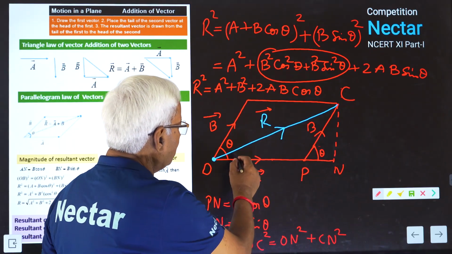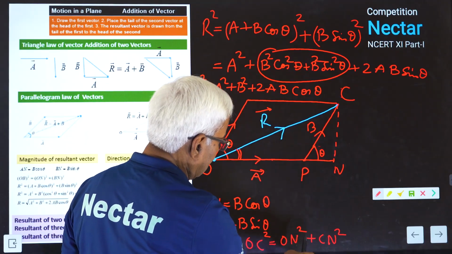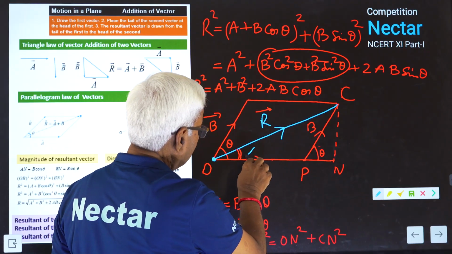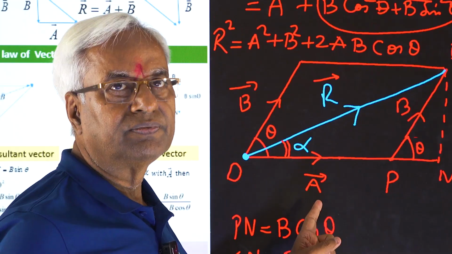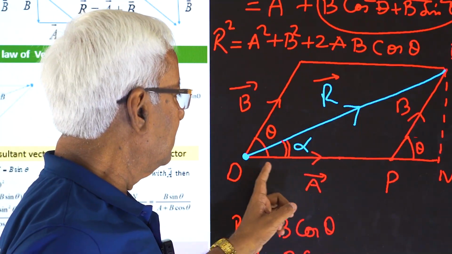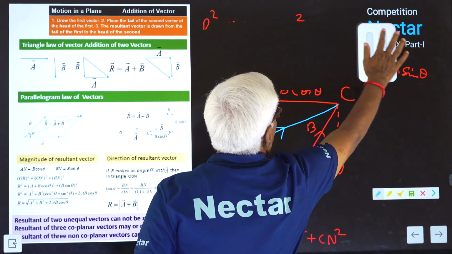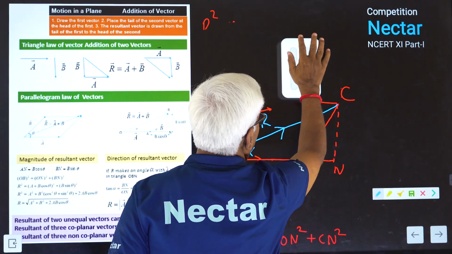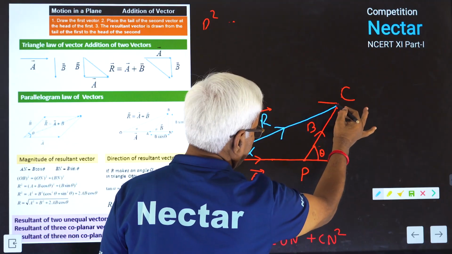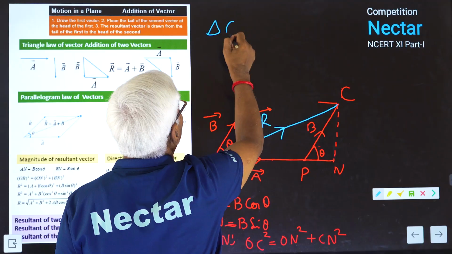Now the thing is, how will you find the direction? The direction of R means in which direction R is acting. Suppose this angle is alpha. This is the angle of the resultant R with the vector A. How will you find it? You take again the big triangle OCN.